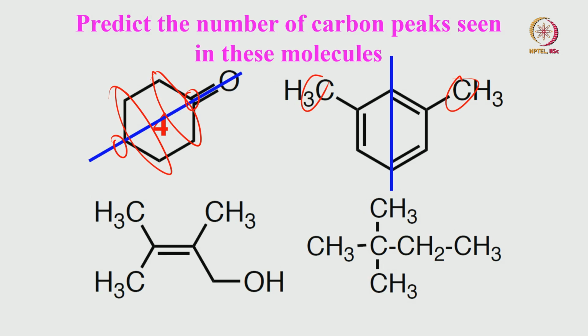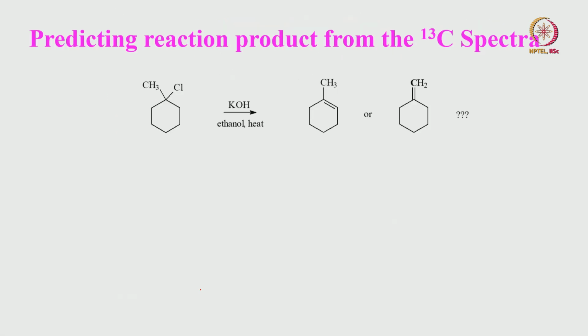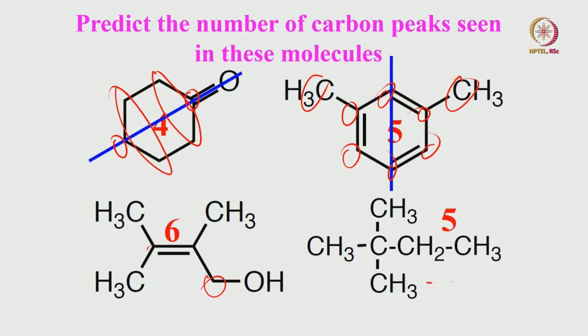This carbon is same, this and this are same, this and this are same, and this and this are different. So, how many carbons do you get? 1, 2, 3, 4, 5, 6. See, 5 carbons are there. What about this one? There are 6 carbons. All are chemically inequivalent. 1, 2, 3, 4, 5, 6 carbons. Similarly, this molecule has 5 carbons.